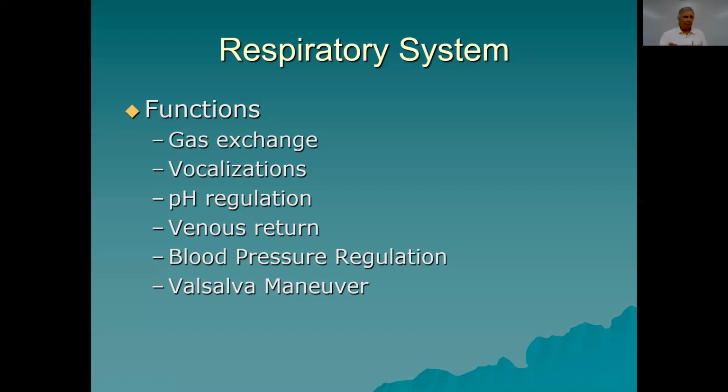You may not have remembered this, but in the cardiovascular, the blood vessel chapter, when we talked about blood pressure regulation, we talked about the renin-angiotensin mechanism, and that when the blood pressure falls, renin is secreted by your kidneys, and it converts angiotensinogen into angiotensin 1.